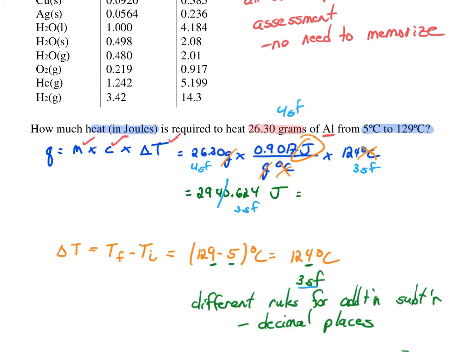Let's first convert that whole number to scientific notation. And now we can round that off to 3 sig figs. And our final answer is 2.94 times 10 to the 3rd joules.